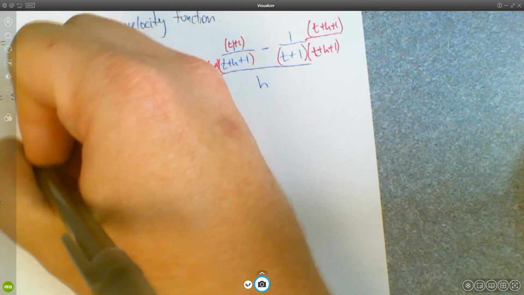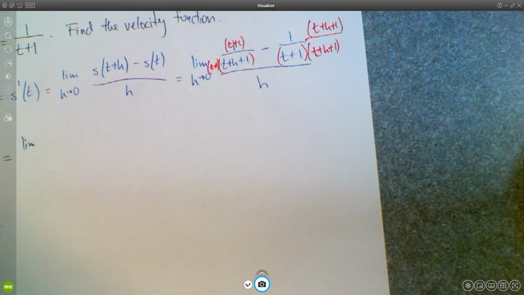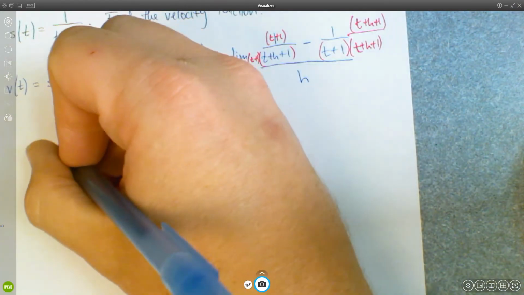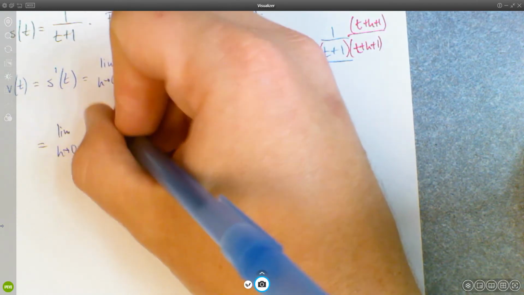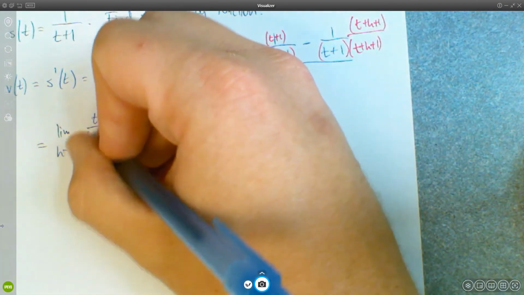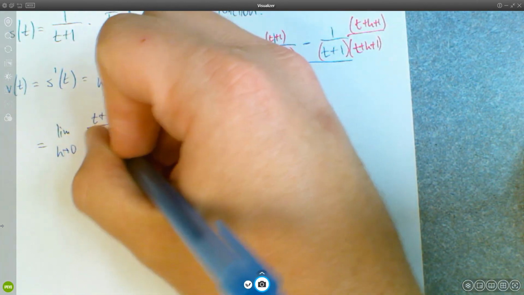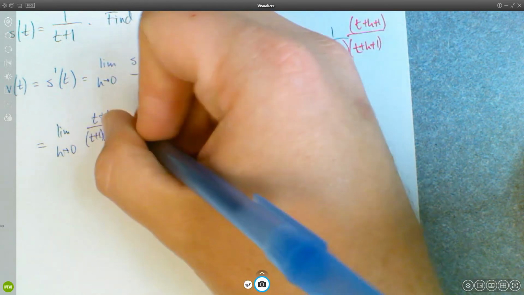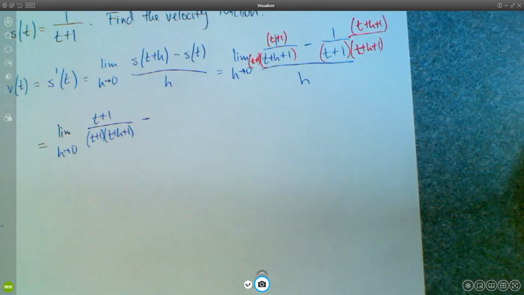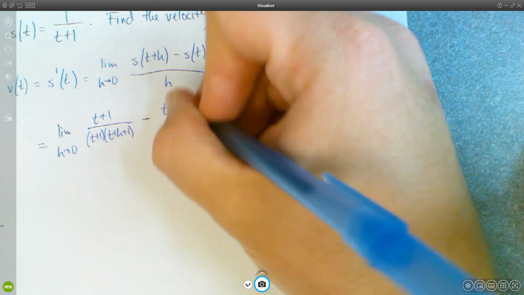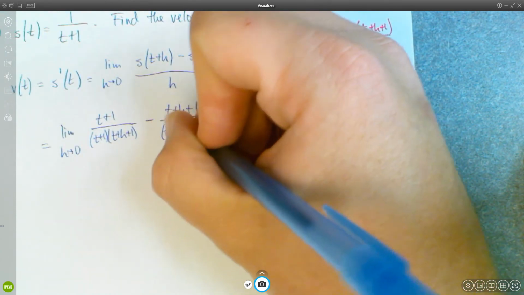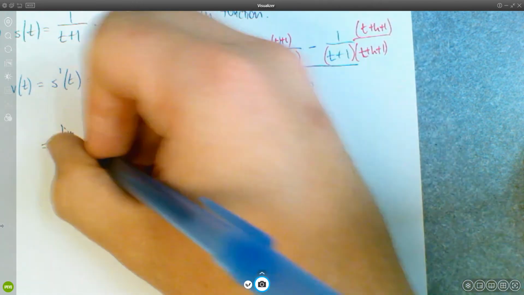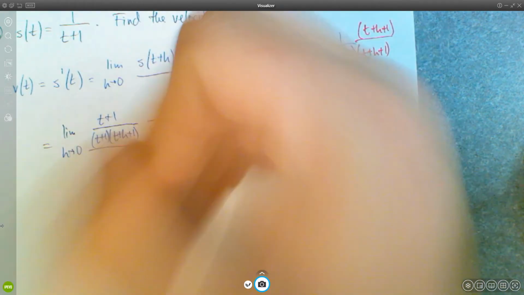So this is the limit as h approaches 0 of t plus 1 over t plus 1 times t plus h plus 1, minus t plus h plus 1 over t plus 1 times t plus h plus 1, all over h.